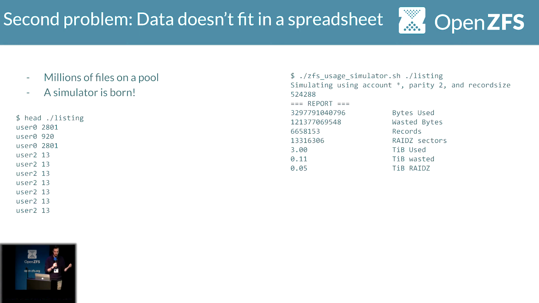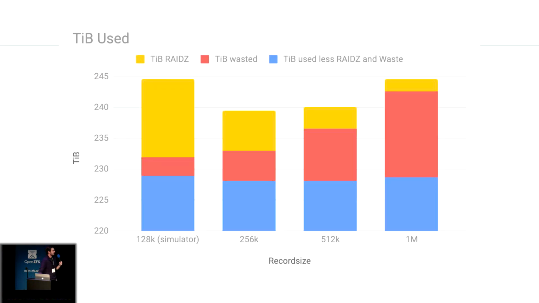Initially the simulator was going to be really trivial. It figures out how much user data you have and adds the parity, because it's constant, it doesn't change. Then we get this nice little output on the right here, which I'm sure you can shove in a Visio diagram if you need to. With that data we drew this fancy graph. On the bottom, the blue section is user data, that's constant.